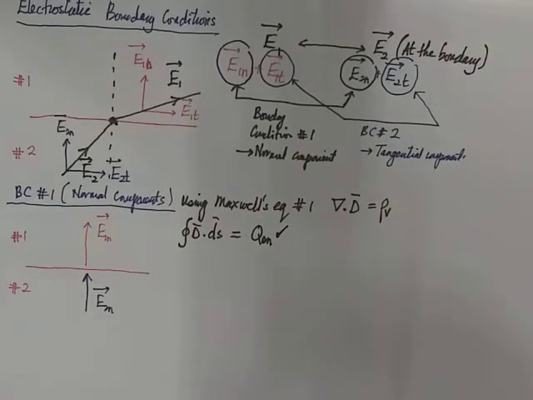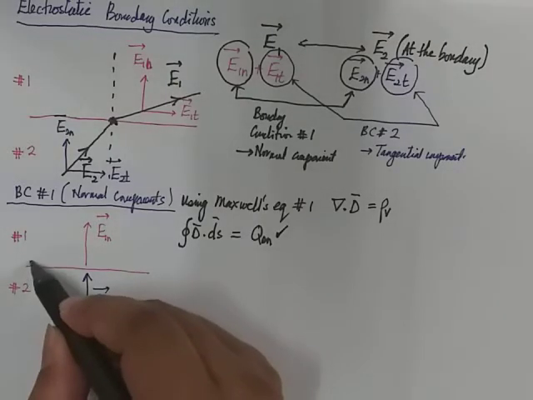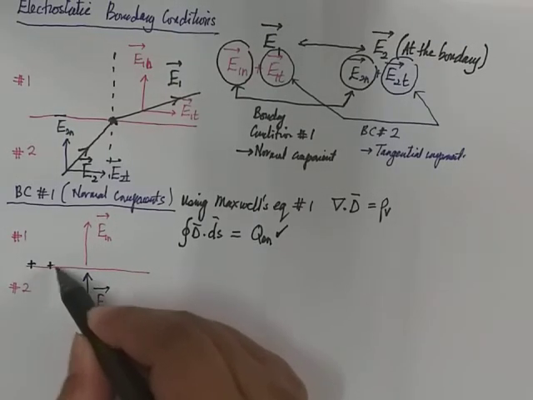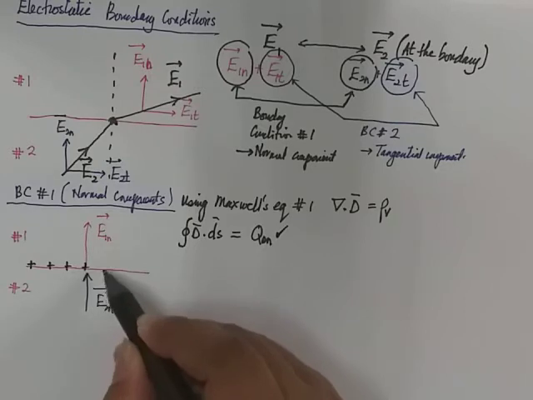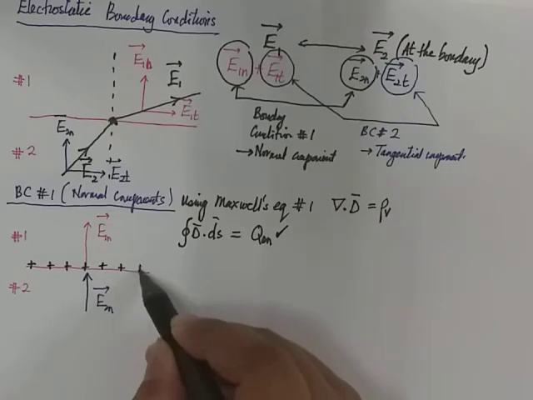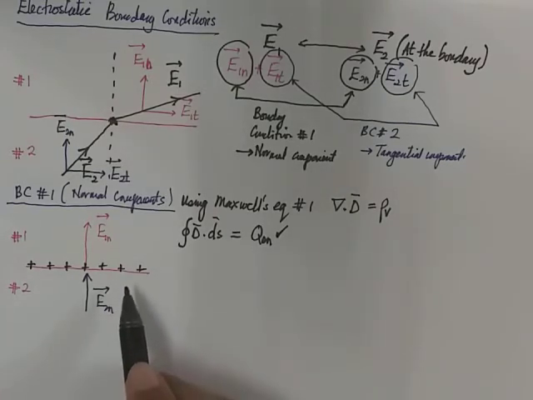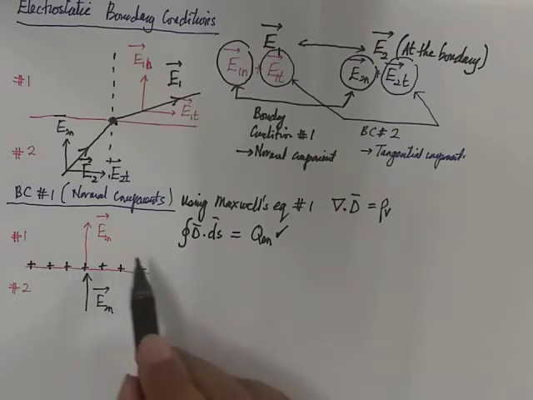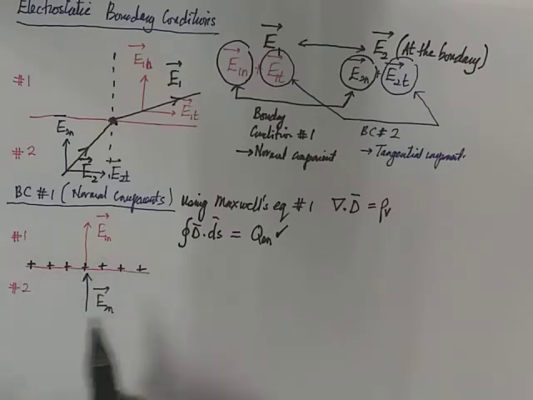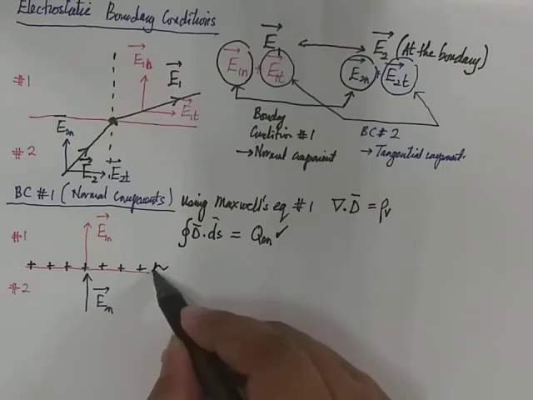Since we have a charge here, let's assume on the boundary we're going to place a surface charge, because from this equation I see there's a Q charge. So now I'm assuming on this boundary there is surface charge.